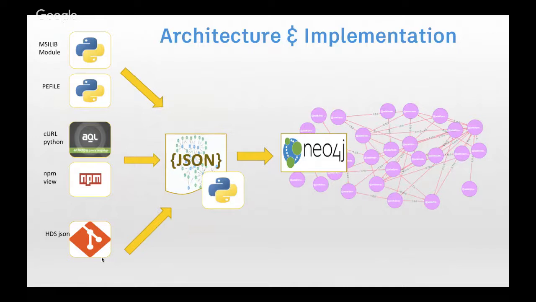And all of these produce a common JSON format, which is basically an edge list with properties and a notion of a primary key. And that common JSON is then loaded into a graph database. There's just one utility that takes JSON from different sources and populates the graph database with it.